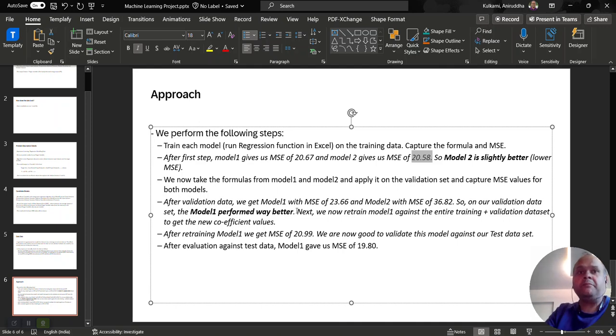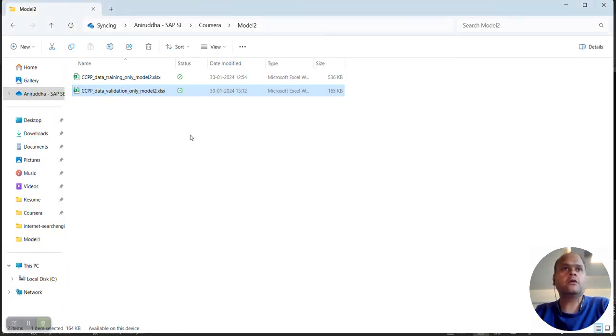So I'm inclined to choose model 1 as the winner here. And the next step now is to retrain model 1 against the entire training and validation dataset. So we basically now take both the training and validation dataset and retrain model 1, which is using 3 out of the 4 features, and try to get the new updated coefficient values.